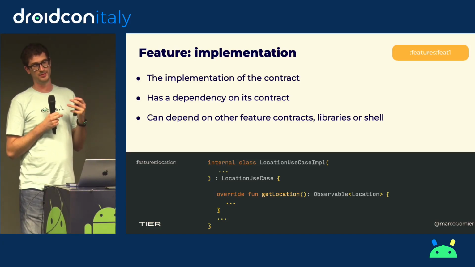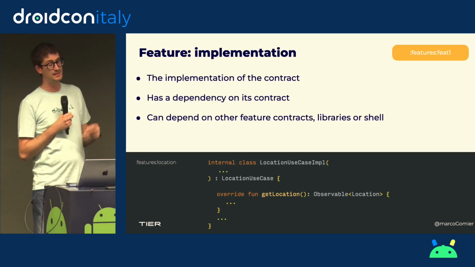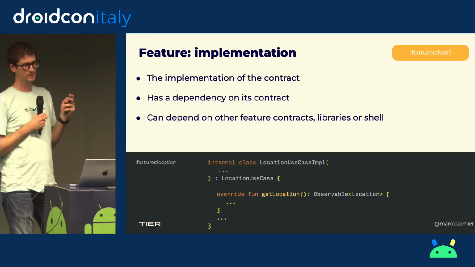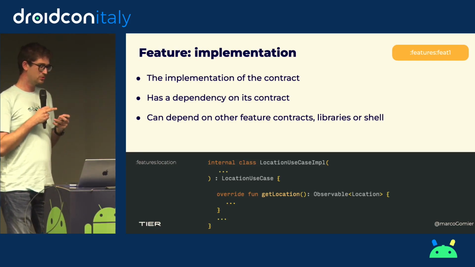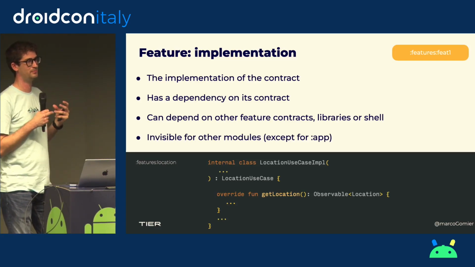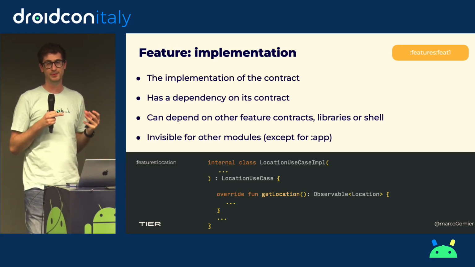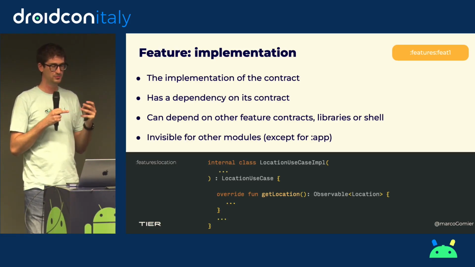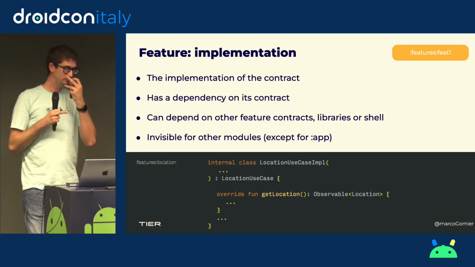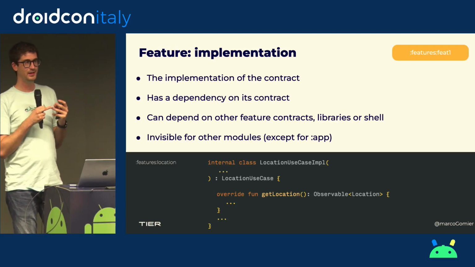But again, by the rule of thumb, it can only depend on other libraries and on the shell. And those modules are somehow special because they are basically invisible to the entire application except for the app, because that's how the thing is implemented.